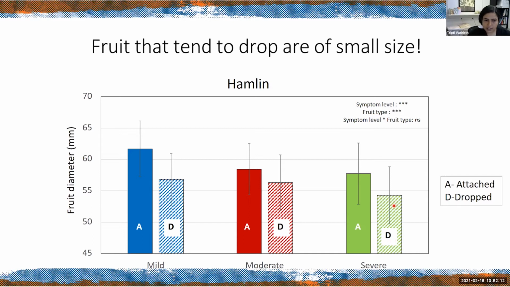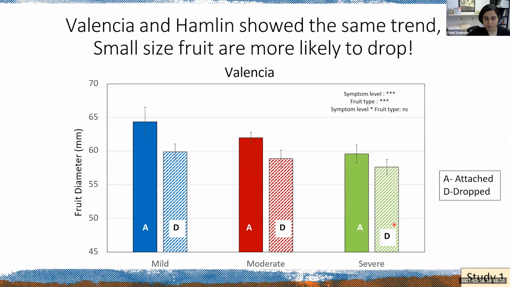And we consistently saw that the dropped fruit is always smaller than the attached fruit. This is the case in Hamlin, and the same thing in Valencia. So what we know so far is that severe trees have small fruit, and the dropped fruit is always small.